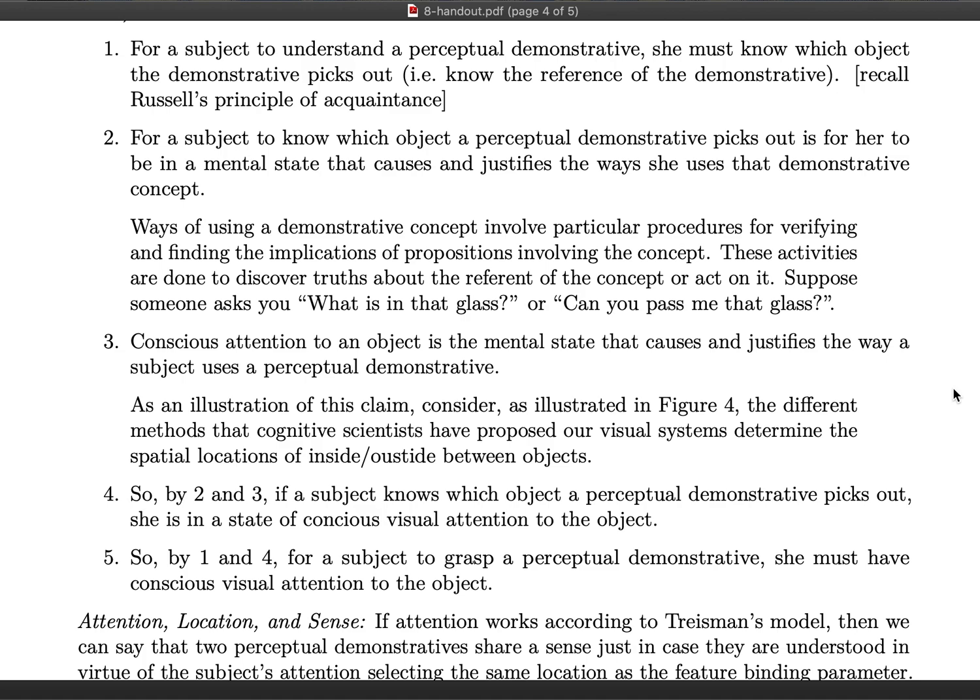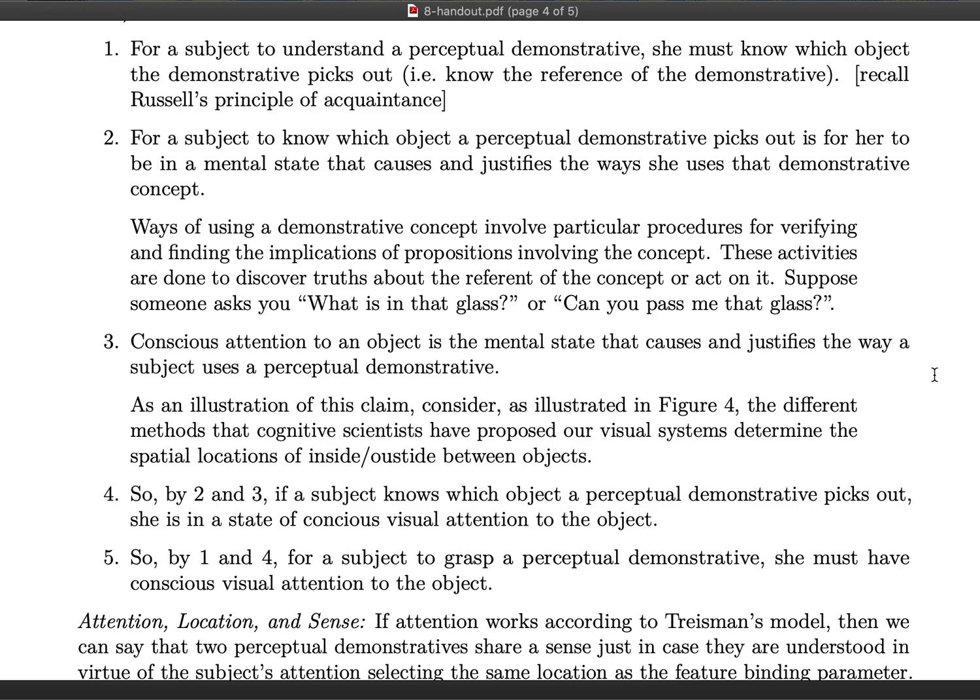So suppose, for instance, that there is a glass on the table in front of you, and someone asks you, what is in that glass? Okay, and then you go about answering. In order to find an answer to that question, you will do certain things. For example, you'll pick it up and look at it, and maybe you'll taste the liquid that's inside, or maybe just by looking at it, it's obvious that it's water.